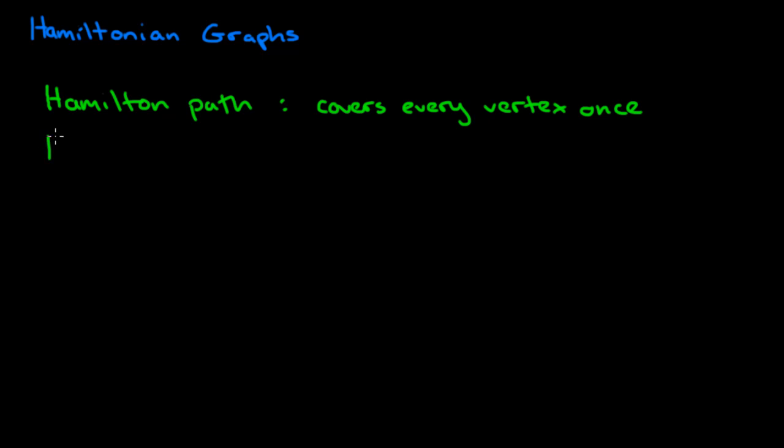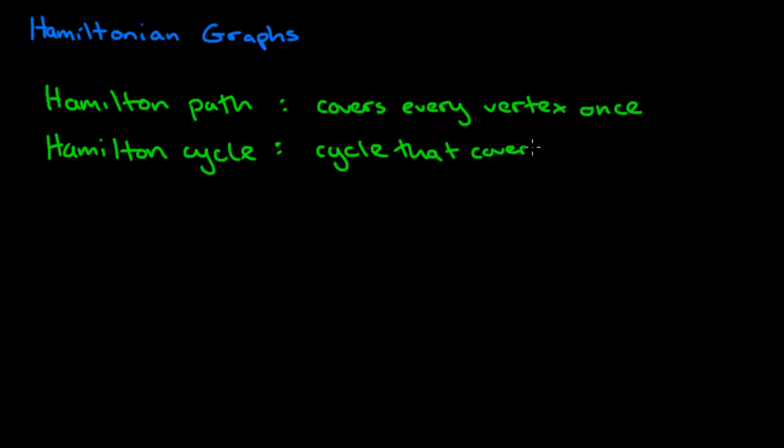And similarly, a Hamilton cycle is, probably you can guess what it is now, a cycle that covers every vertex once. Of course, I should have said up here that this is a path that covers. Okay, so that's pretty straightforward.